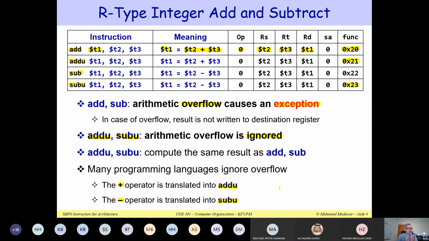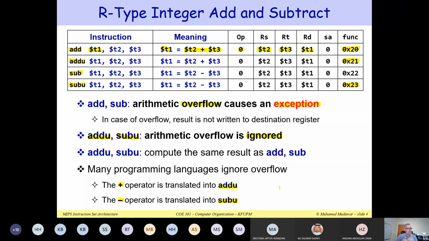Now, from the binary addition point of view, from the hardware, addu and subu can be used to add and subtract even signed integers. So the U here does not really mean that you cannot use them to add and subtract signed integers.